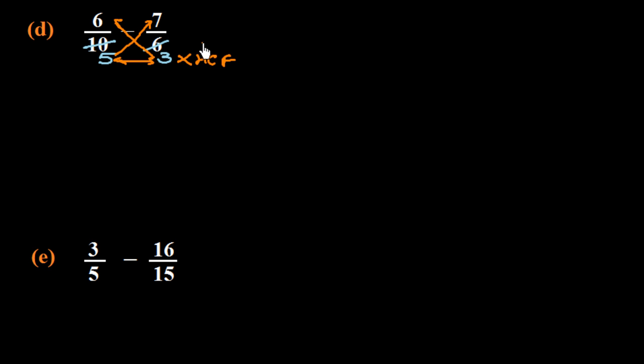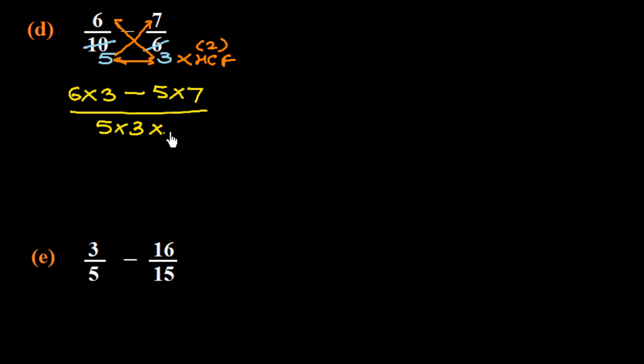Here the SCF is 2, we have divided 10 and 6 by 2. So I would write down here 6 into 3 minus, we have a minus sign here, 5 into 7 over 5 into 3 into SCF. So 5 into 3 into SCF, which is 2.